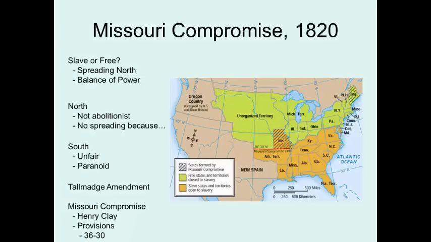Now, it's important to remember, Northerners are largely not abolitionists, but they don't really want to see slavery spread out of the South. And it's not necessarily because they're so horrified by slavery, even though plenty of them don't like it, but they don't want it to spread first because a lot of them don't want black people around them. They're so racist that they would prefer to not see black people anywhere.